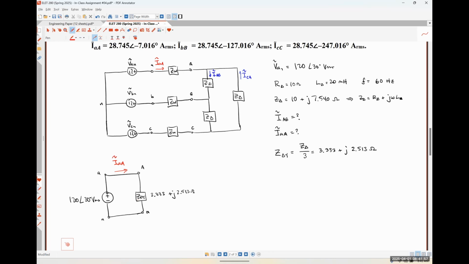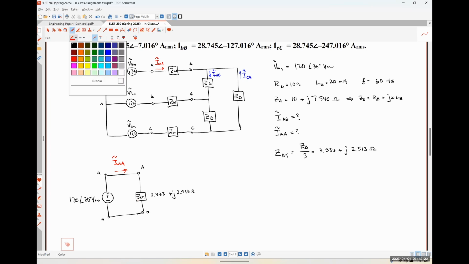Okay. So we are going to solve for this line current, and then we are going to have to figure out a way to solve for those phase currents. I can think of 2 different ways we might do it, and I'll explain both. We'll wind up getting the exact same result either way, so you can just use whichever one you're more comfortable with. Okay.